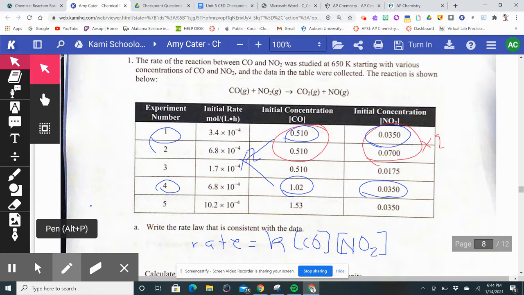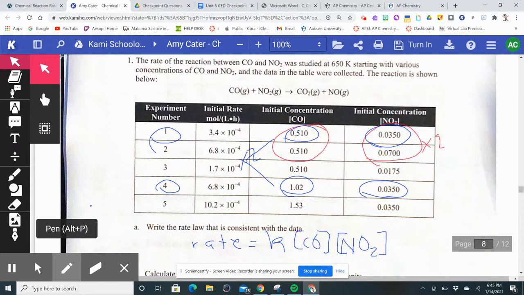Okay, and for experiments 1 and 2, the concentration of CO is held constant and the concentration of the NO2 is doubled. Okay. And so that means if the concentration is doubled, then that means that it is first order for that particular reactant. Okay.